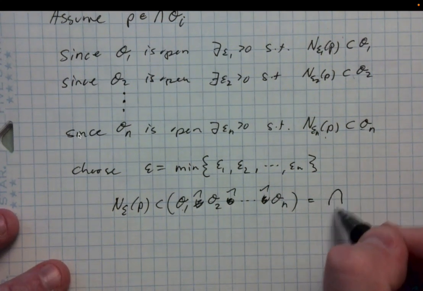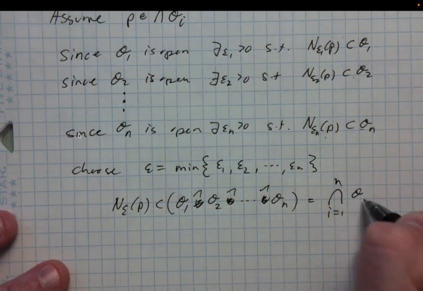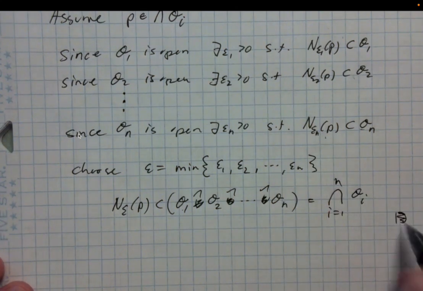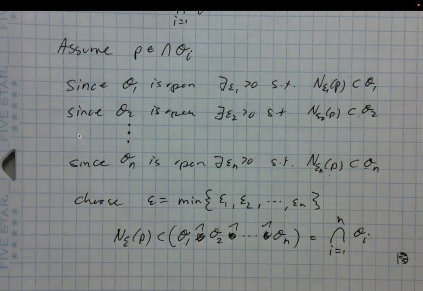So it's going to be inside the intersection. Okay, so that's the proof. It's relatively straightforward, especially if you have the picture in mind. You got to remember P is by assumption inside of all of these sets. You just got to shrink down the epsilon neighborhood until you are inside of all of them. All right, perfect.